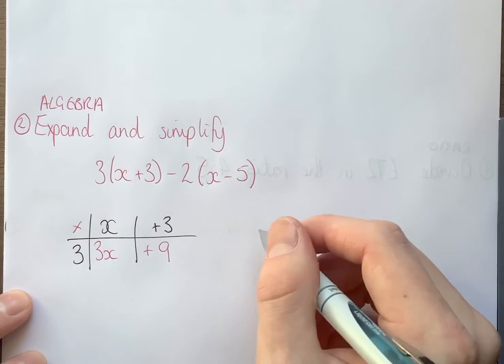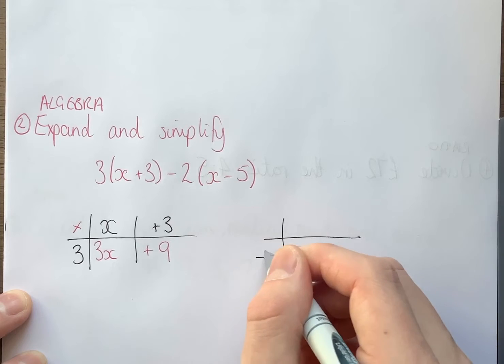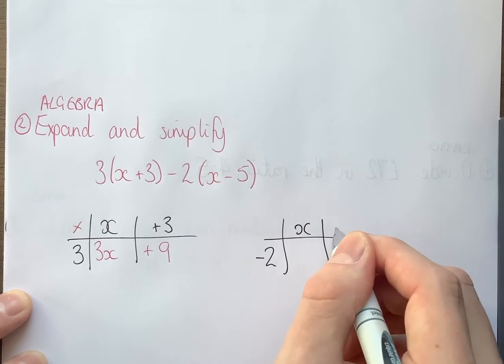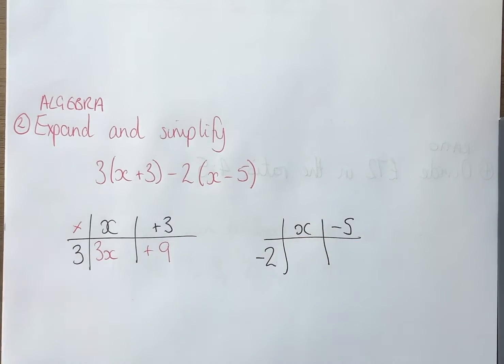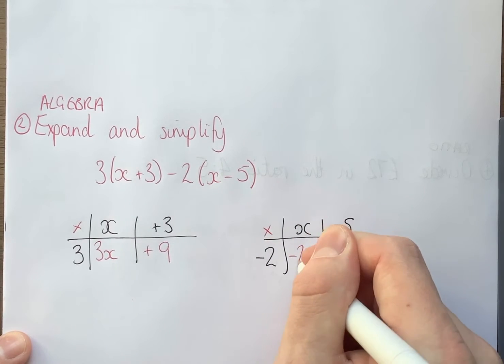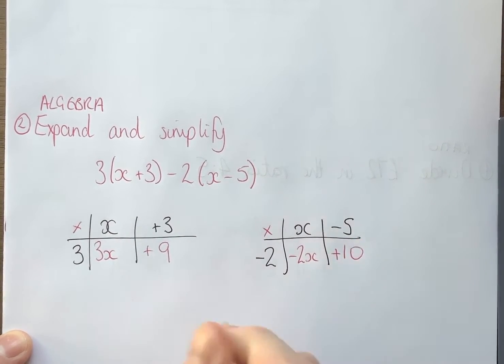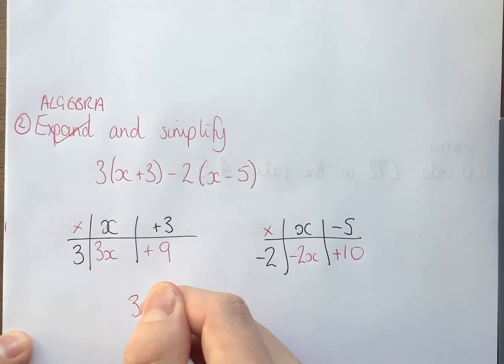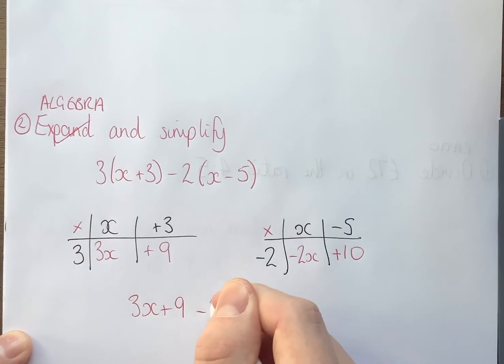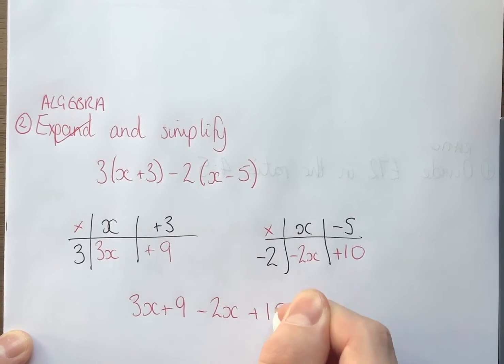If we do the second bracket, same thing, but I've got minus 2 this time, and x and minus 5. So when I multiply those, minus 2 times x is minus 2x, minus 2 times minus 5 is positive 10. So I've expanded, I've done that part, and I've got 3x plus 9 minus 2x plus 10.